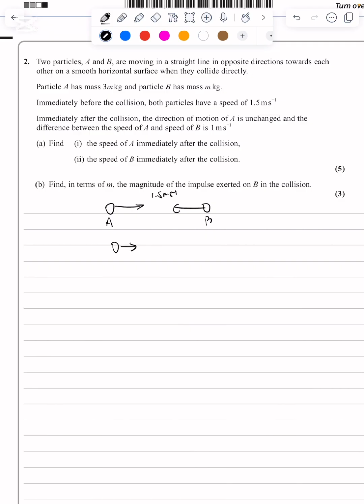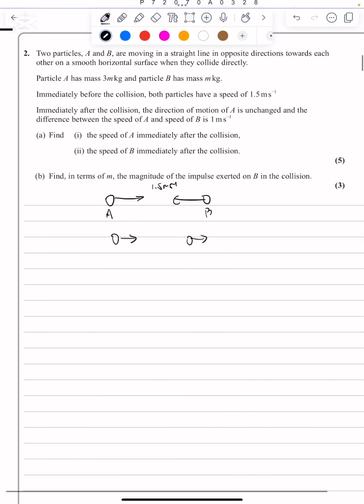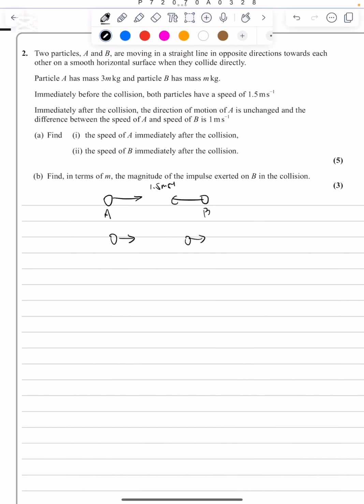Immediately after the collision, the direction of motion of A is unchanged, and the difference between the speed of A and B is 1. So I'm assuming B is also moving here. Yeah. That's how collision works. So, wait, no. Let's give it a velocity first.